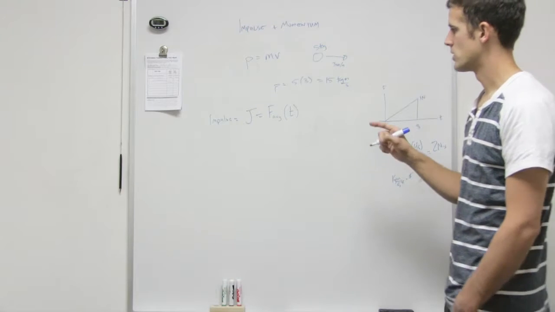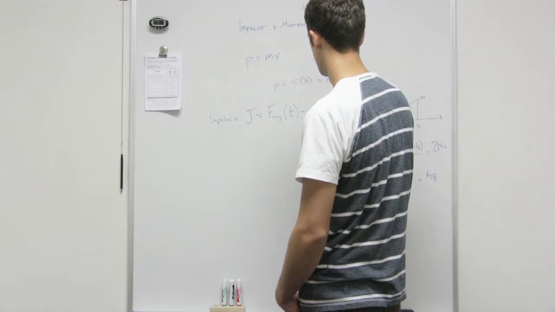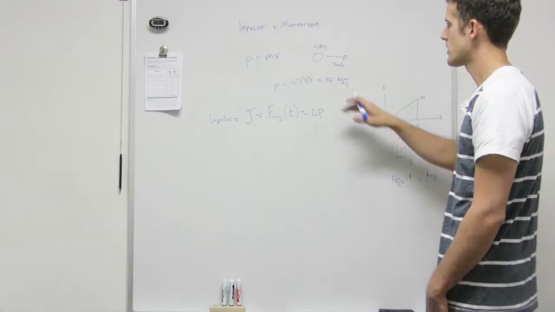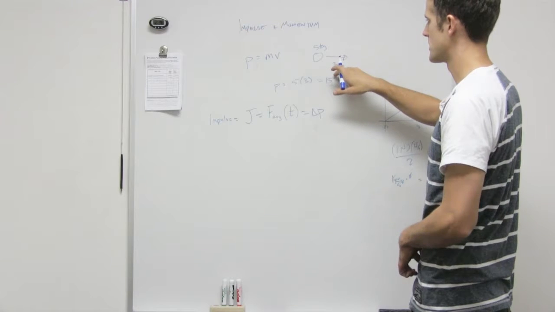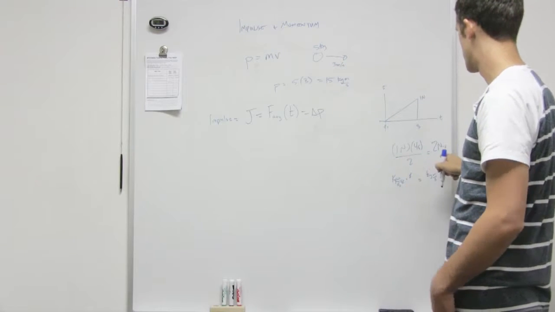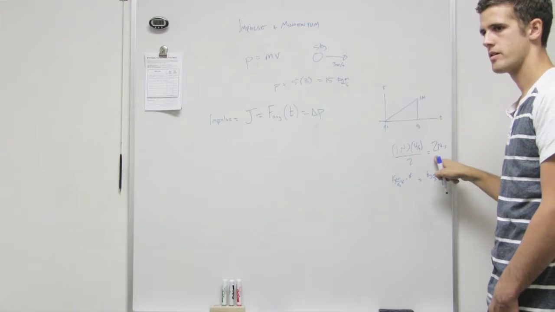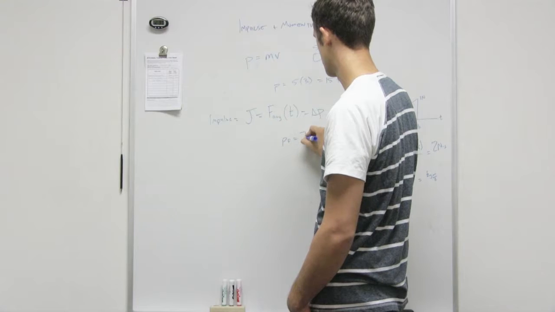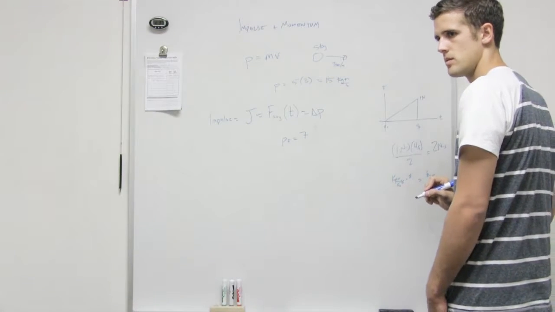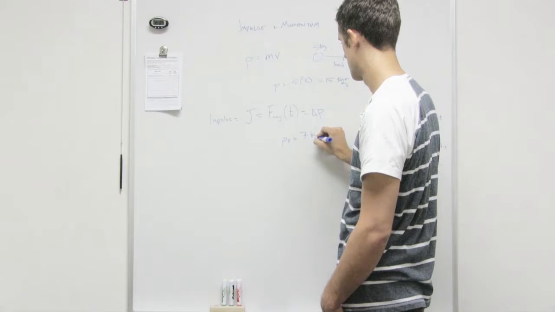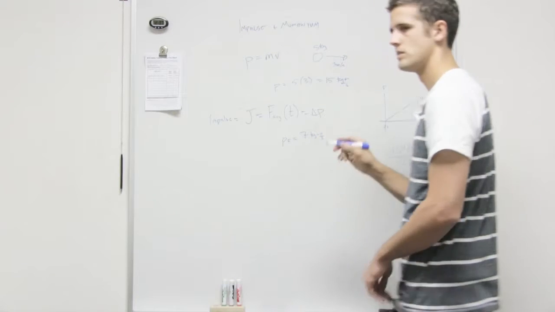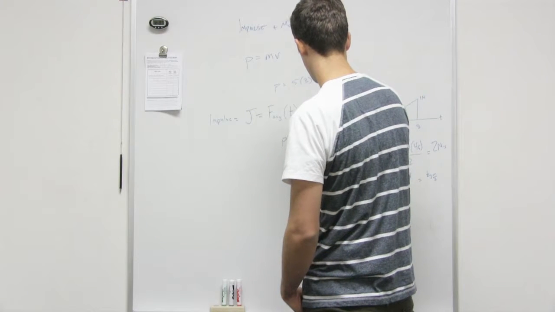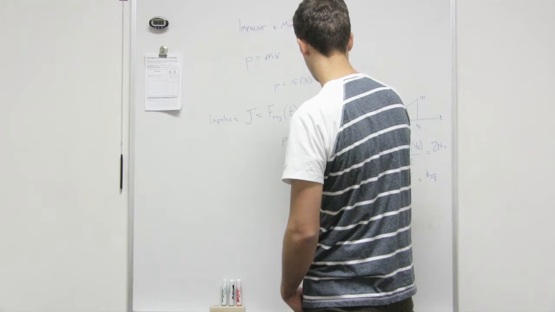Okay. So J is the change in momentum. You started out with a 5 kilogram object going 3 meters per second, and now you changed the momentum by 2. So the final momentum will be 17, right?